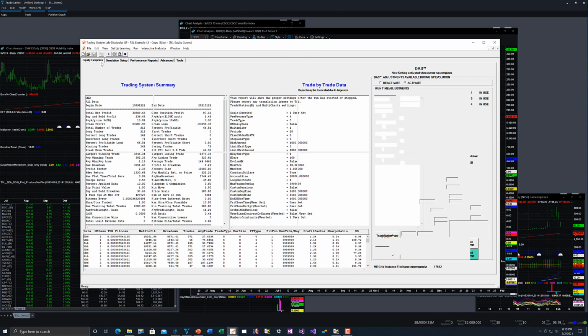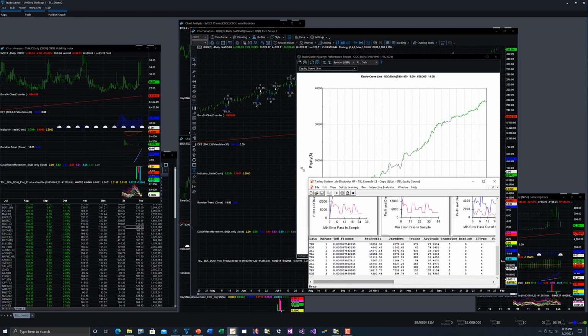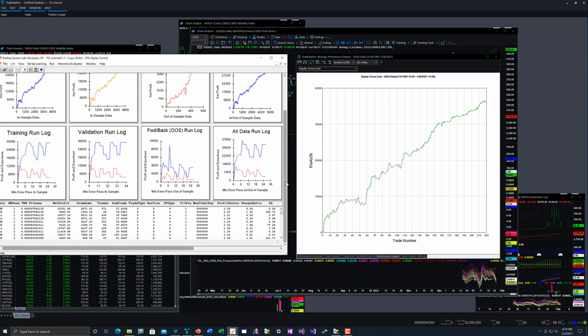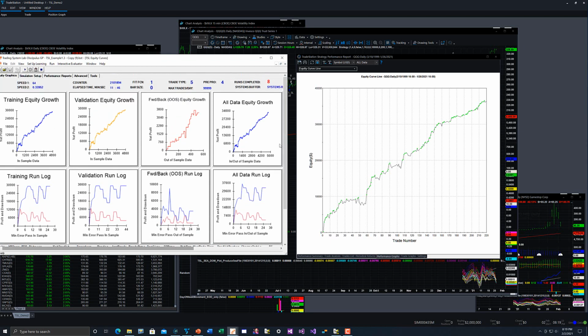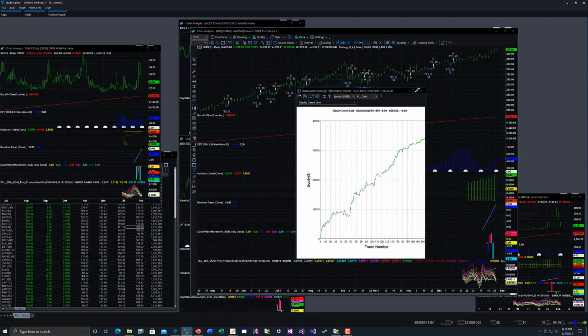Here it is, and here's the equity curve, and I'll make this a little smaller, and I'll put it side by side with the TradeStation equity curve, and sure enough, looks like it does match.